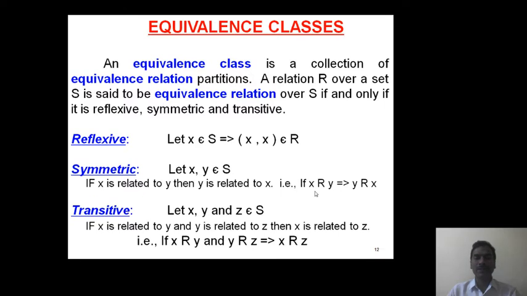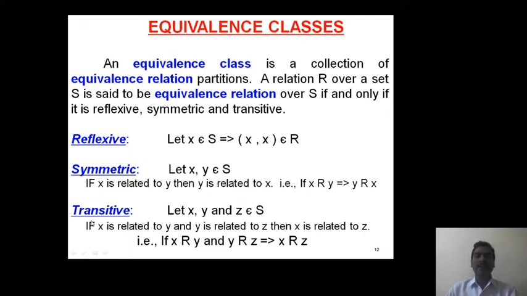Transitive: let X, Y and Z belong to S. If X relates to Y and Y is related to Z, which implies X is related to Z, then it is referred to as the transitive property.